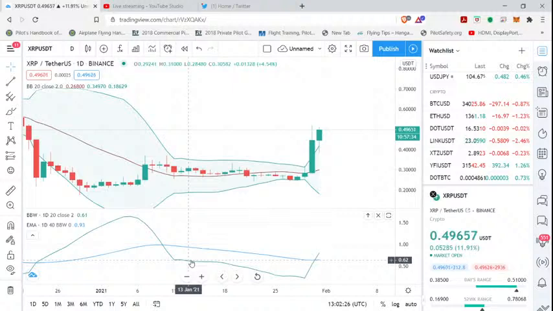But this is XRP on the daily, and as you can see, we crossed below on January 10th.